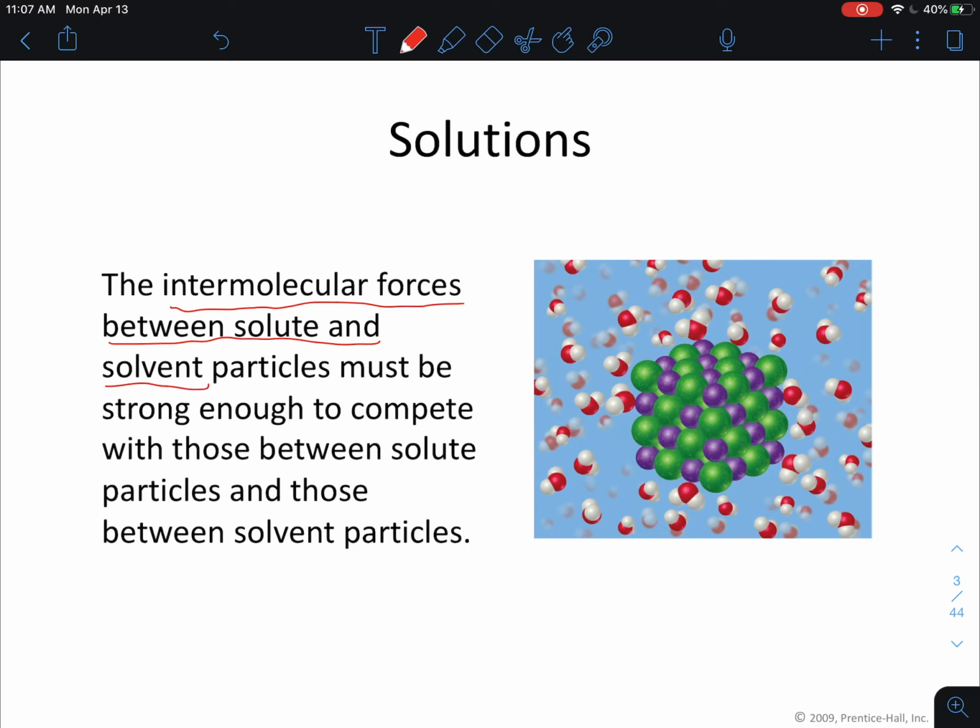These need to be enough to overcome the original pure solute interactions and pure solvent interactions. The picture is showing our solid solute, which we could imagine is something like sodium chloride, surrounded by water molecules. That's prior to the formation of solution, where all the solid is together and all the liquid is on its own surrounding it, but we haven't mixed the two together yet.